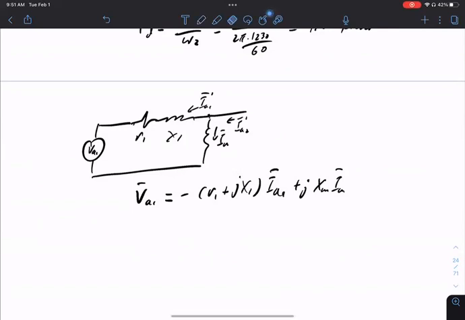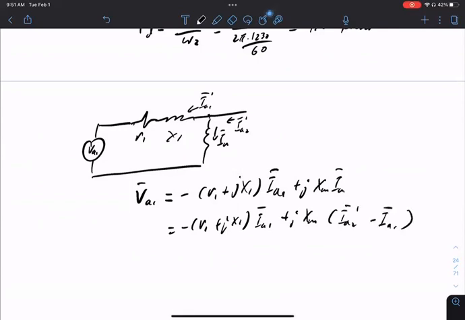So I can keep writing this. Well, this is jX1 IA1 plus jXM times IM. Well, what's IM? IM is simply IA2 prime minus IA1. Right, so this is Kirchhoff's current balance law.